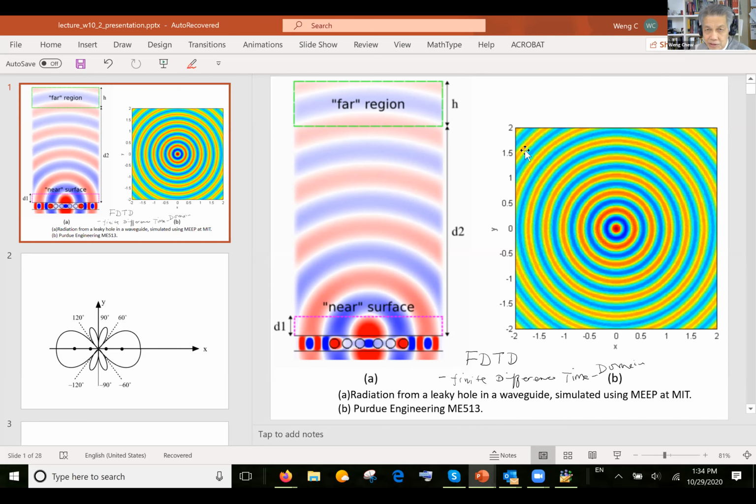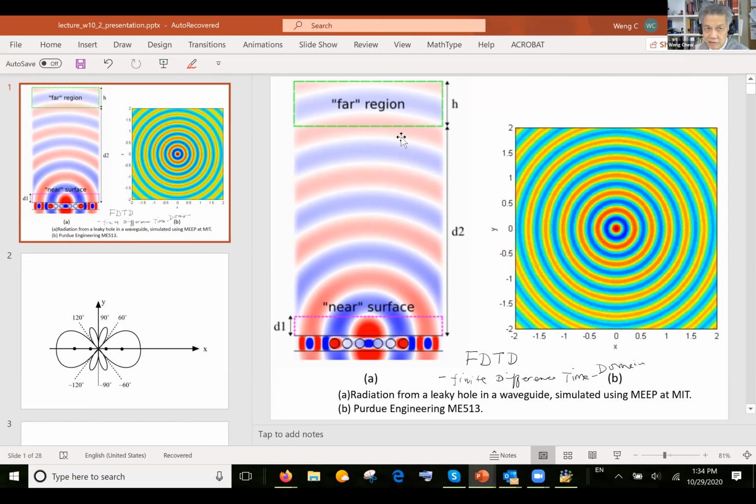But what I want you to notice is that when you look at the spherical wave, and the wavelength gets shorter, the spherical wave becomes locally like a plane wave. If you just focus the attention around this part of the wave, it looks locally like a plane wave because the radius of curvature of the spherical wave is very large compared to the wavelength.